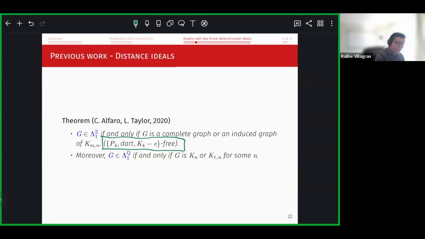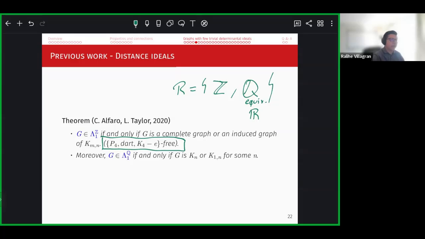Moreover, if we change our ring, so the ring can be the integers or the reals, notice that we can also think about the rationals. But in this case, thinking about the rationals is equivalent to thinking about the reals.